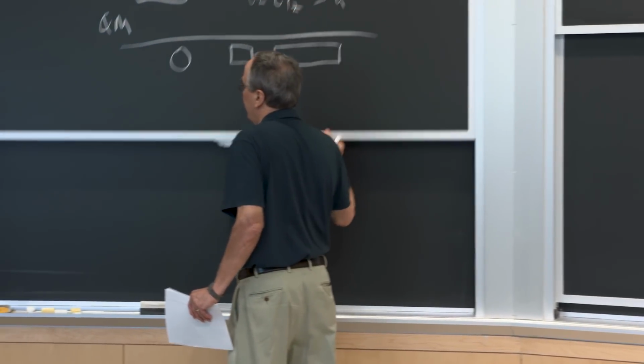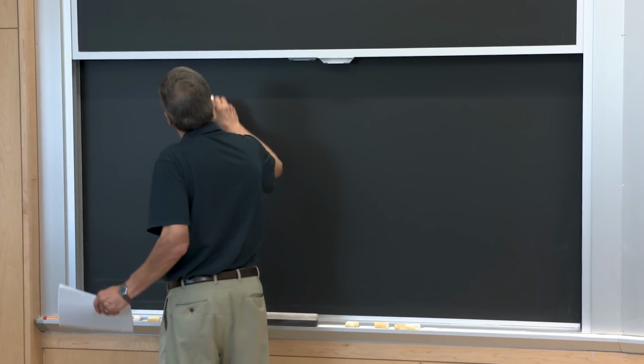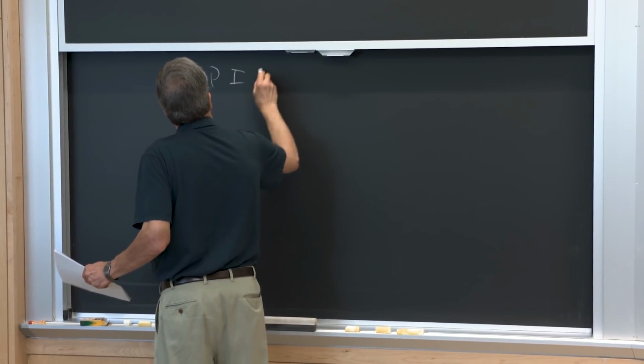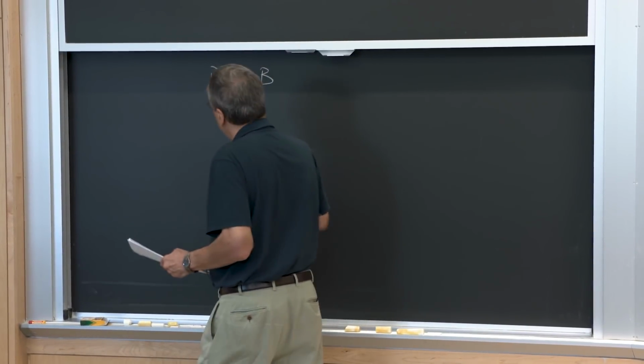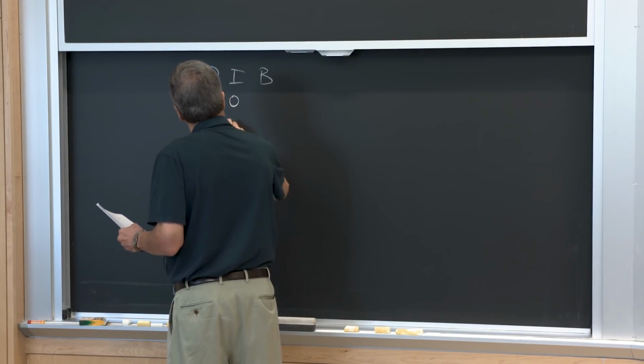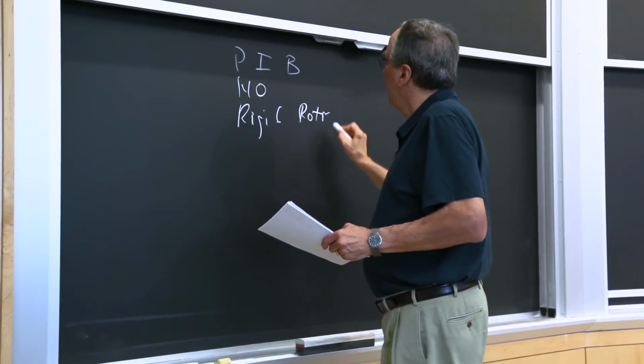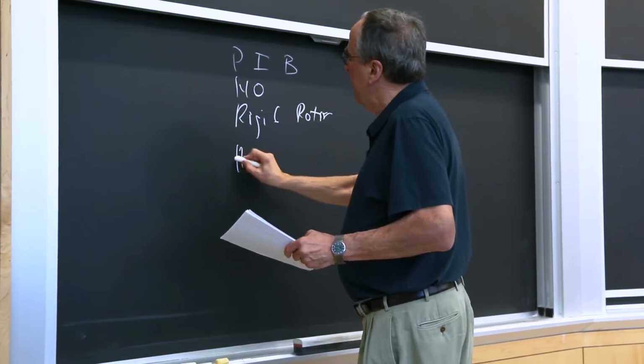In this course, for the first half of the course, most of what we're going to be doing is solving 4 exactly soluble problems: the particle in a box, the harmonic oscillator, the rigid rotor, and the hydrogen atom.